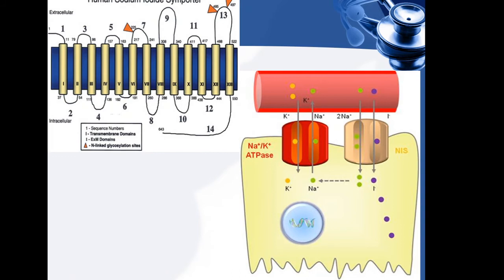So this is the structure of the sodium iodide transporter. As you see, there are 13 transmembrane domains, and there are extracellular domains also.